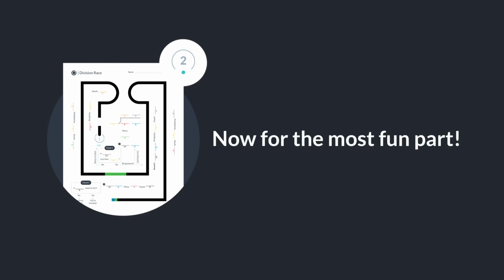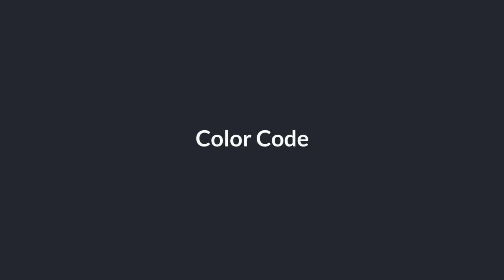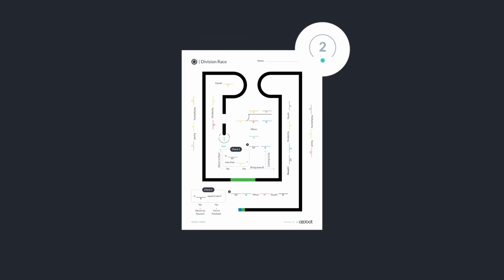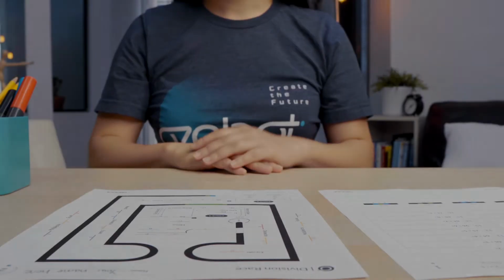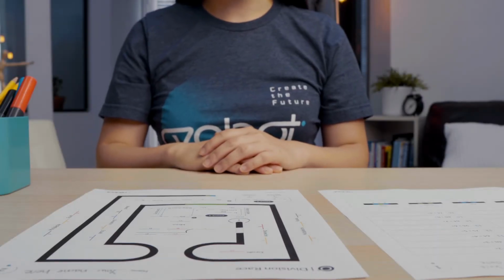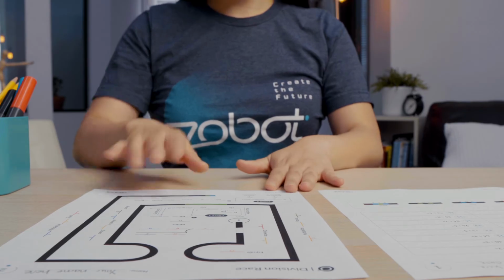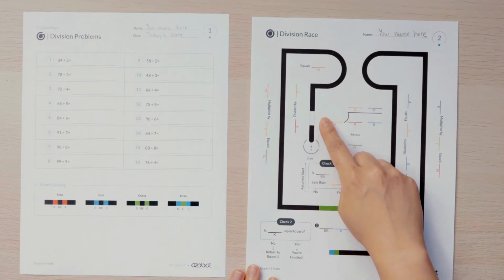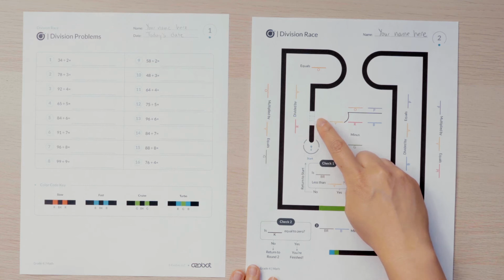Now for the most fun part. Take out a blank copy of the division race activity sheet. I'm sure you were wondering at the beginning of the lesson what the purpose of the color code spaces are for. This space is for you to tell your Ozobot how fast you want it to go while you are doing the division problem.